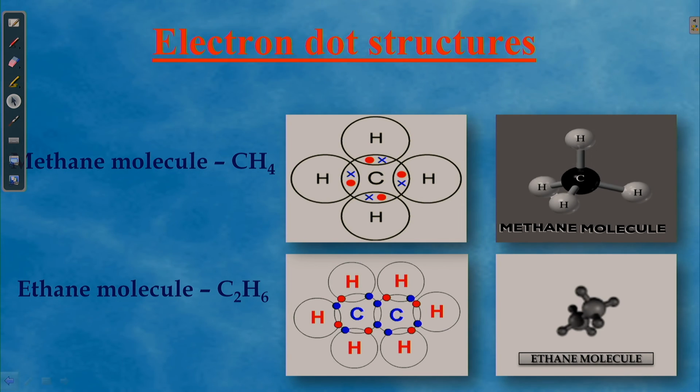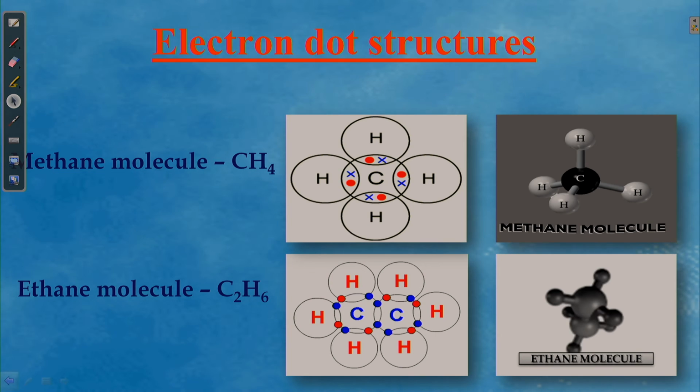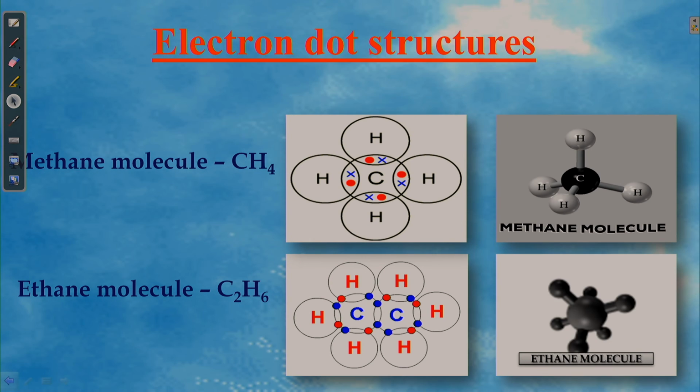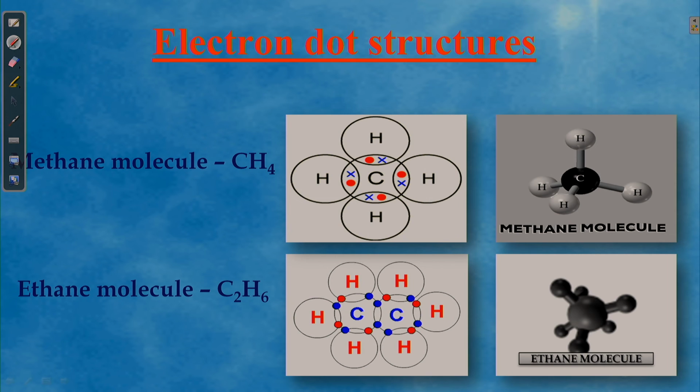Next we are going to discuss the structure of the ethane molecule. You can see on your screen the formula for ethane, that means it has 2 carbon and 6 hydrogen. So, this is the structure, how carbon and hydrogen get combined.